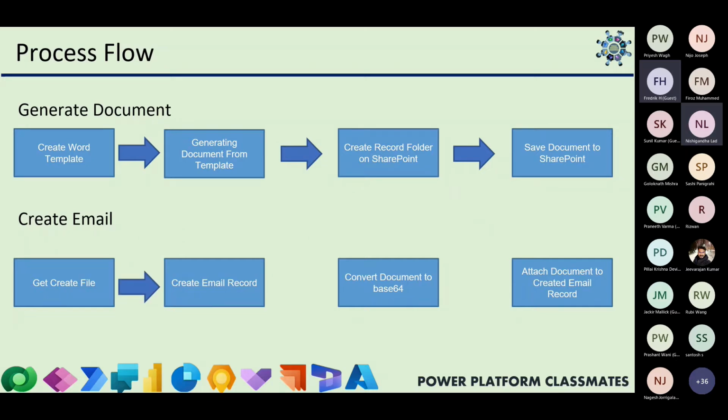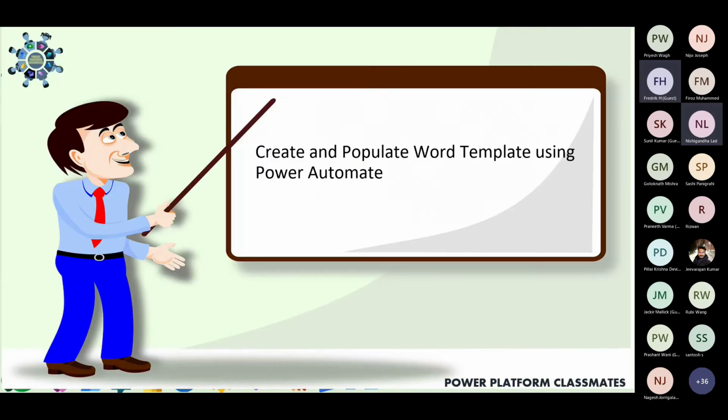Later, we will see how to get a specific generated file from SharePoint, create an email record, and then attach the document to the email record. So let's begin with the very first topic: create and populate a Word template using Power Automate.